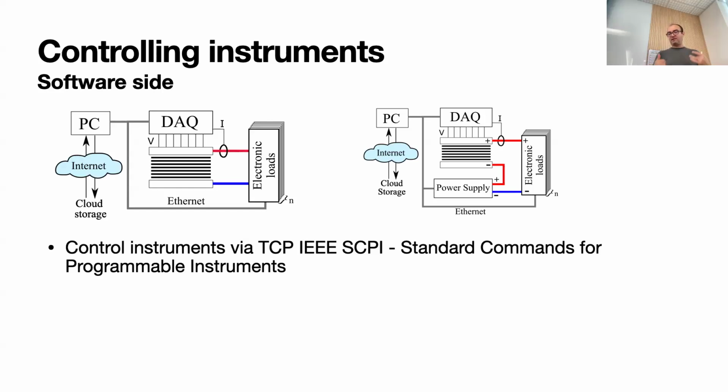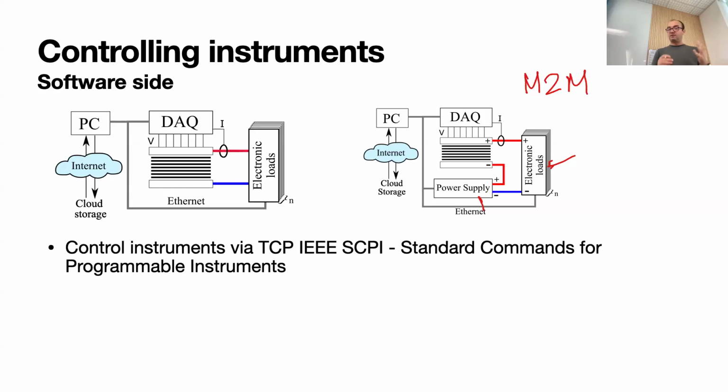So the PC that is controlling the experiment must be capable of triggering ice curve, ice measurement by itself, handling the power supply, handling the electronic load. So it has to somehow communicate through a machine-to-machine interface without any human intervention.